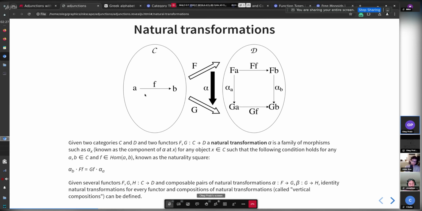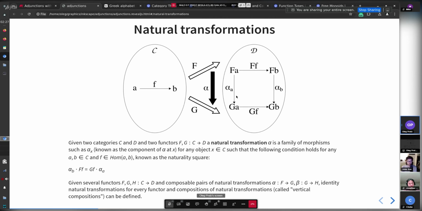So I am doing this to the object A. I have the component of alpha at A, and the same for B, the component of alpha at B. So a natural transformation is a family of morphisms like this.